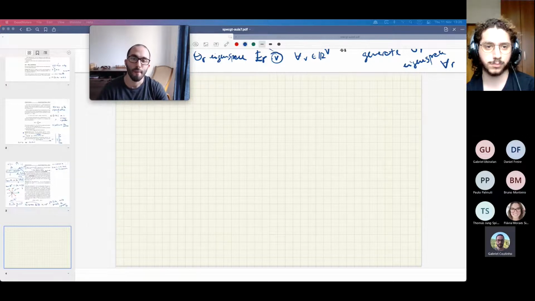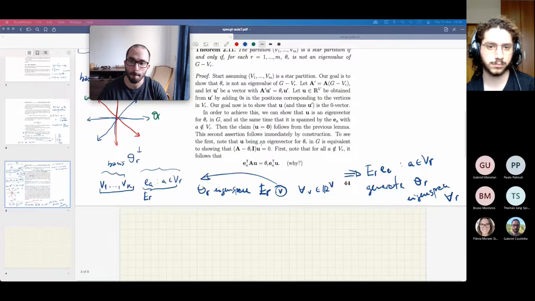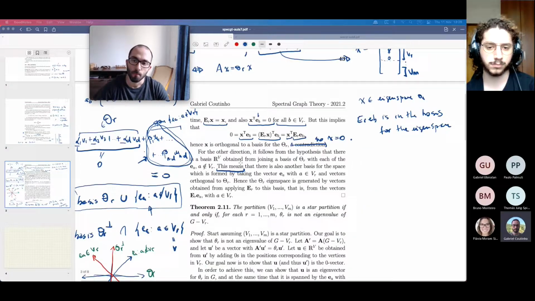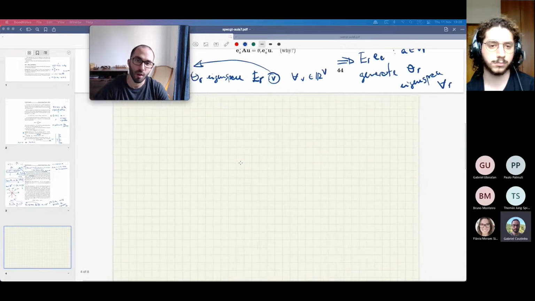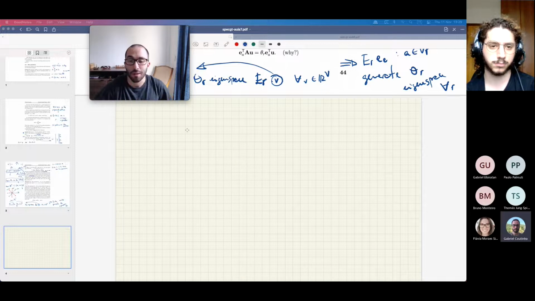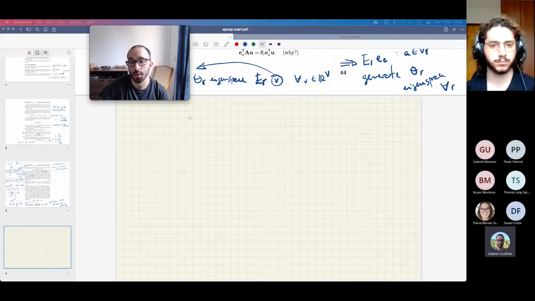How can I use this lemma? So the idea is the following. I think this was also actually a question last class, and I think that I answered this wrong, and I realized that this was wrong when I was preparing today's lecture.